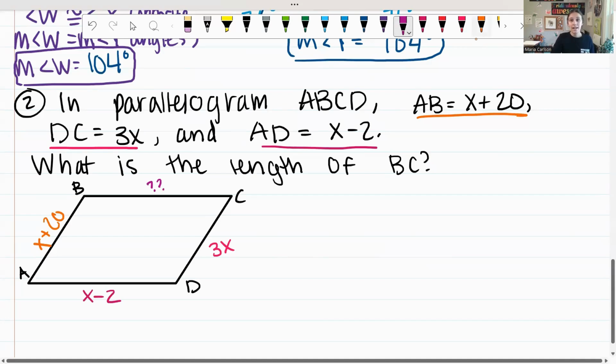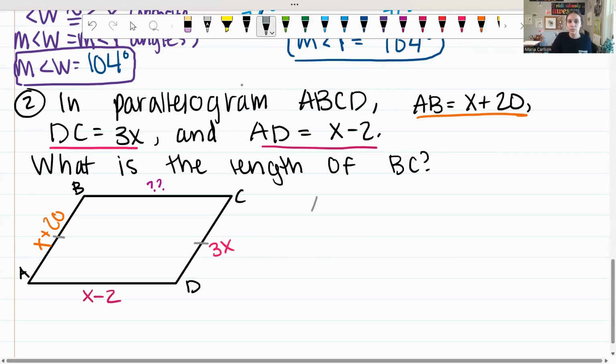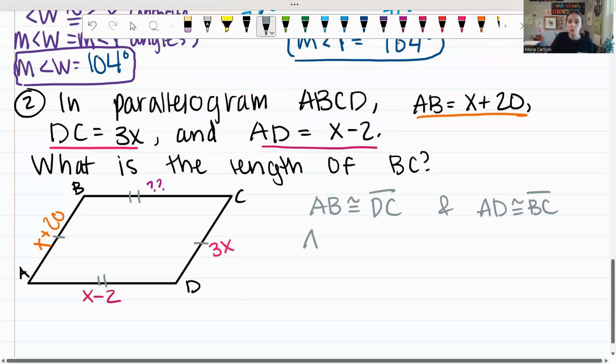And right now, I know a couple things about this parallelogram. First of all, I know the opposite sides are parallel, but the opposite sides are also congruent. So AB is congruent to DC, and AD is congruent to BC. So that is going to be something very helpful because I know then AB and DC have to be equal, and we know those two things, right?